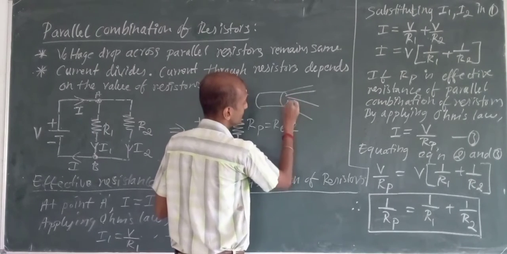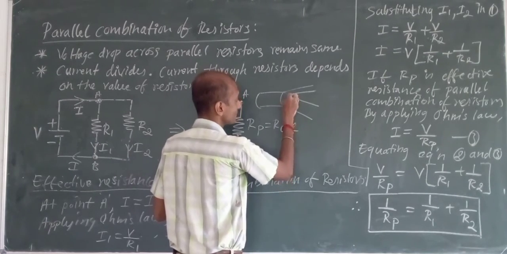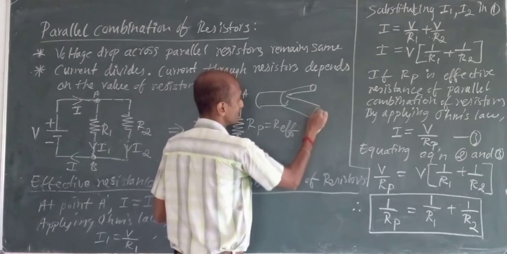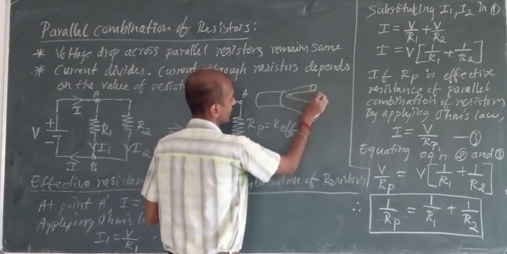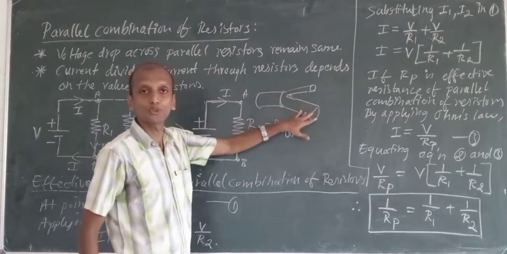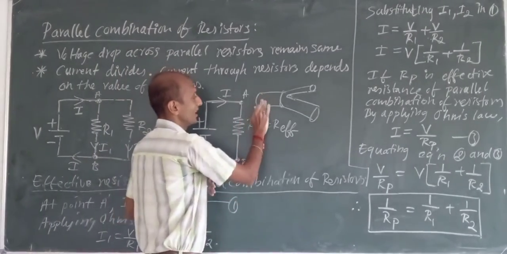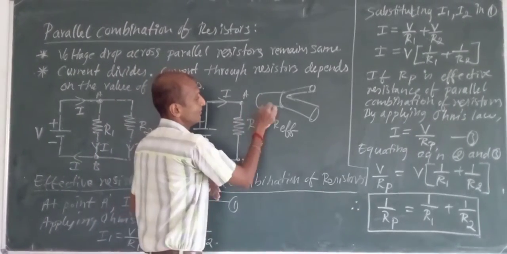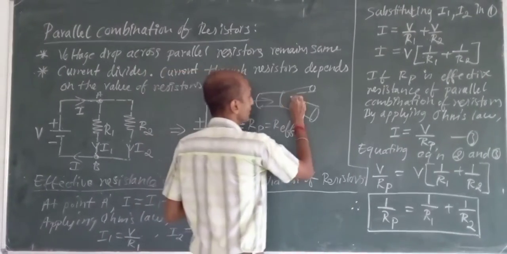So I have a larger pipe, wherein water is flowing, which is going to get divided into two smaller pipes.